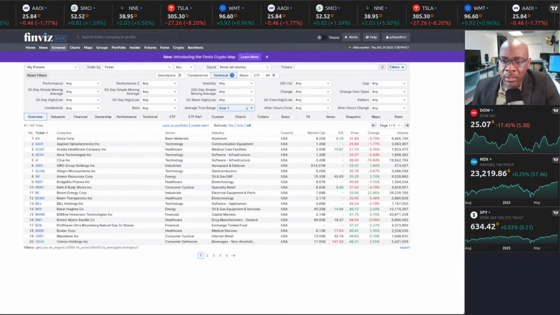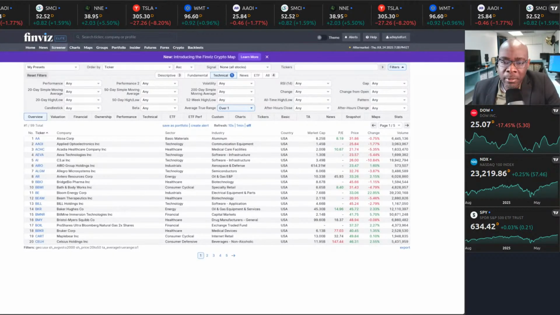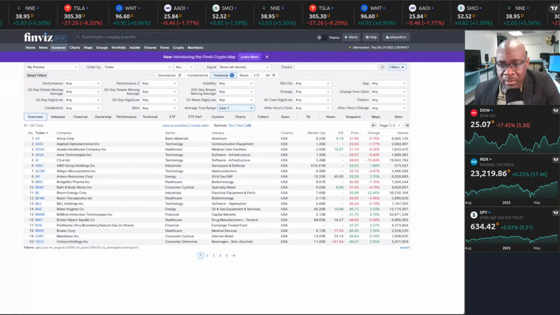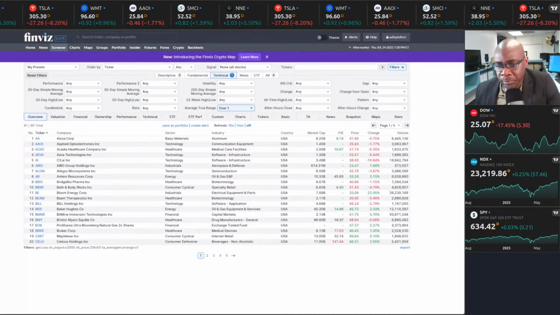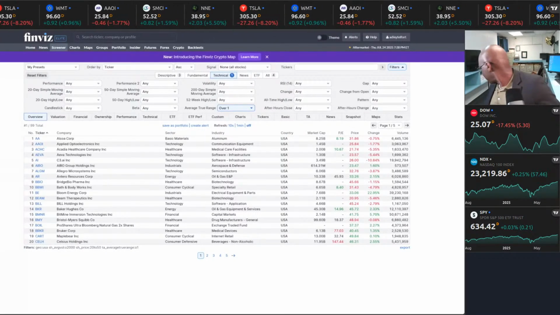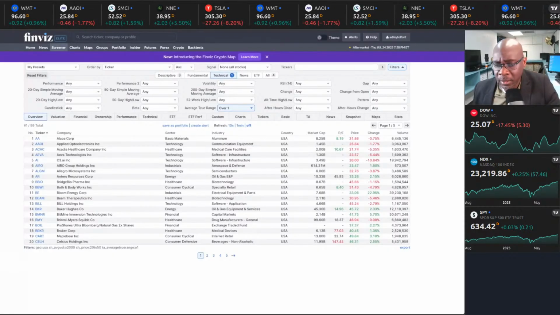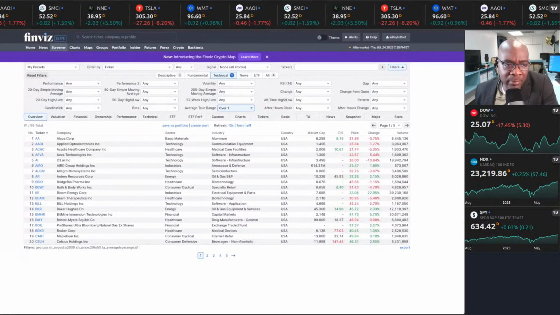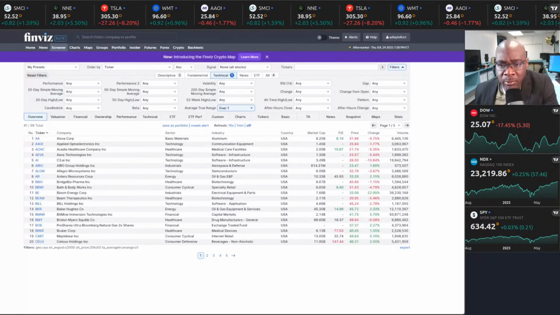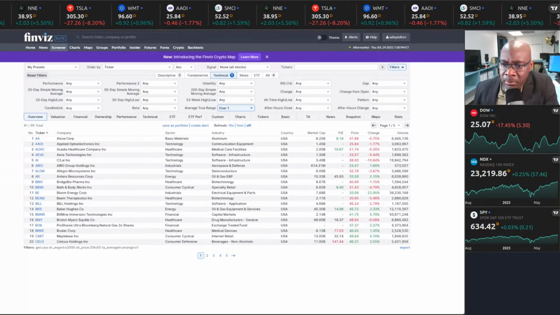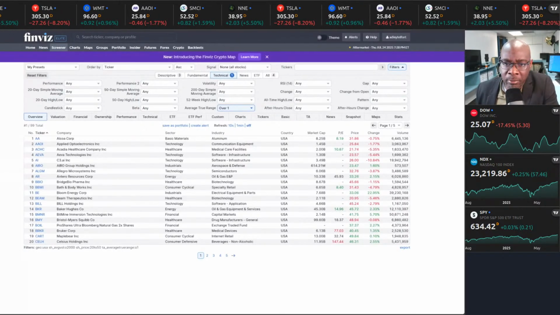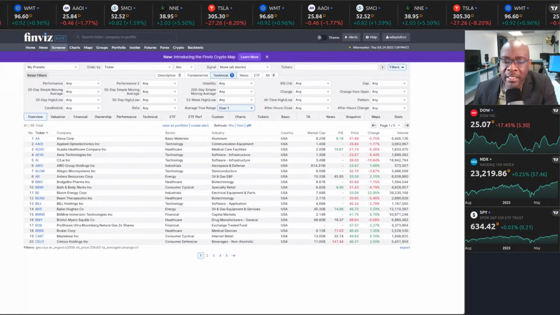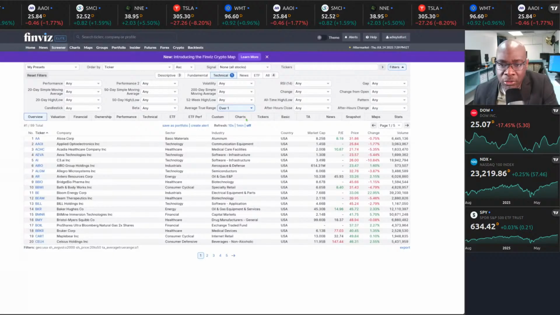It does move more. Now we have 99 stocks available. So if we went with $2 a day as the minimum movement, whether up or down, because we're trying to make as much money as we possibly can, that gives us only about 27 stocks. But if we lower that and say we're willing to look at stocks moving at least $1 a day or more, then that gives us 99 stocks to choose from.